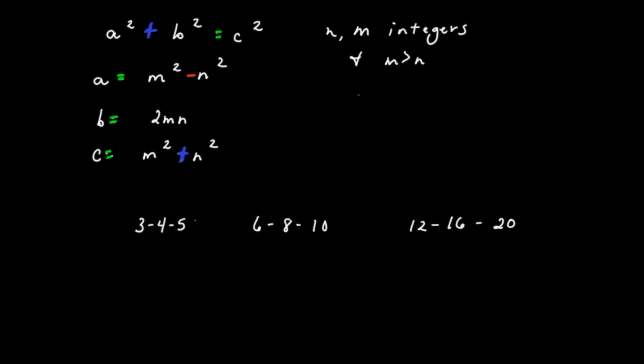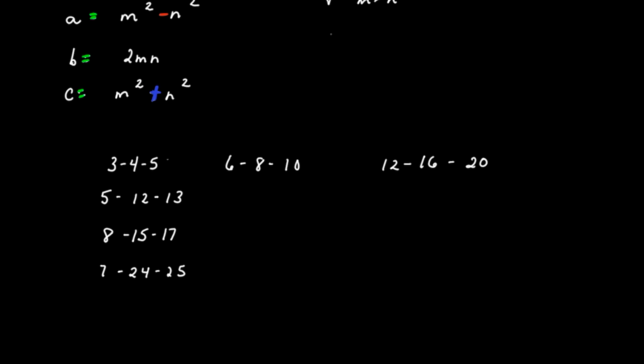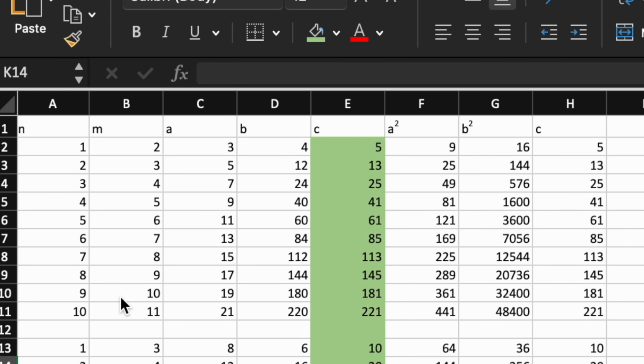And those are just multiples of the 3, 4, 5 triple. But if you use this equation and put in a few more, you can get a 5, 12, 13, and an 8, 15, 17, and then 7, 24, 25, 9, 40, 41, and 11, 60, 61. And those are some of the most common ones.